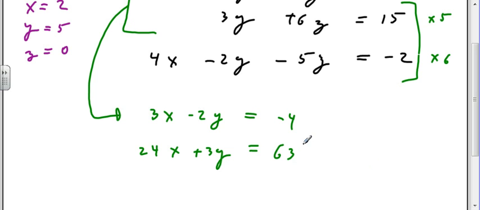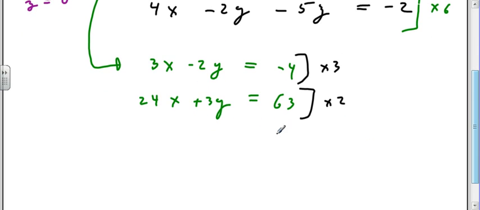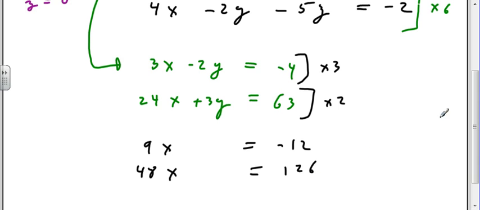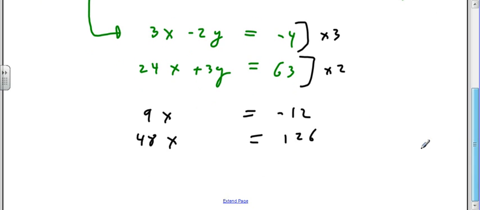Okay, now I got 2 equations, 2 unknowns. I'll go and multiply this guy by 2, this guy by 3, and add them together, and my y term goes away. So I've got 9x is equal to minus 12, and I got 48x is equal to 126, and I got 57.